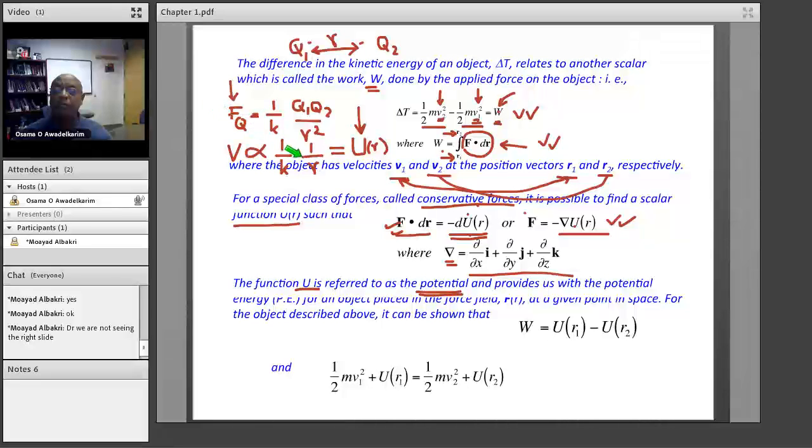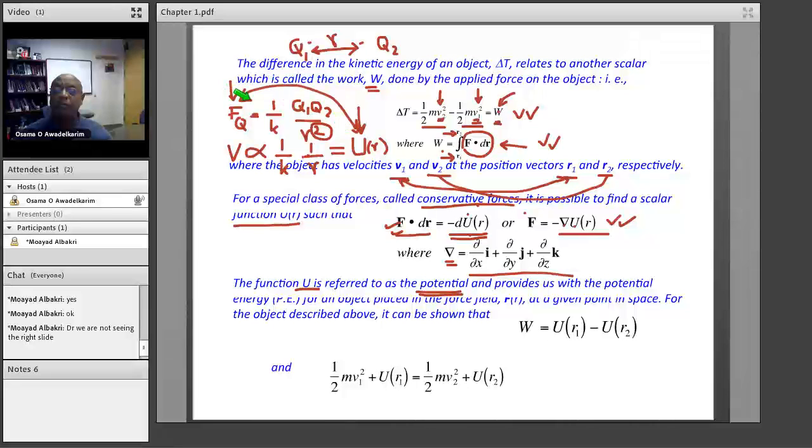If you're talking about one direction, nabla becomes just a derivative with respect to r. And if you differentiate 1 over r with respect to r, you get the r squared. Okay? So actually this Coulombic force relates to this potential.